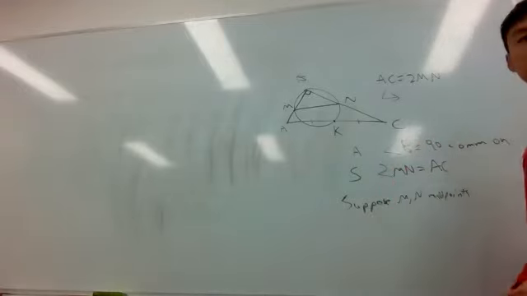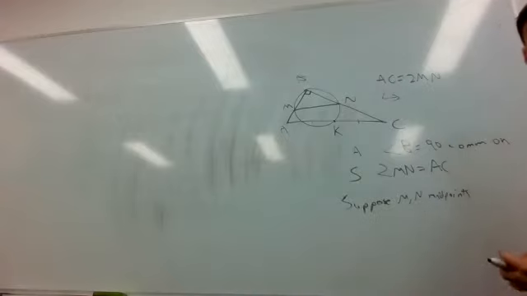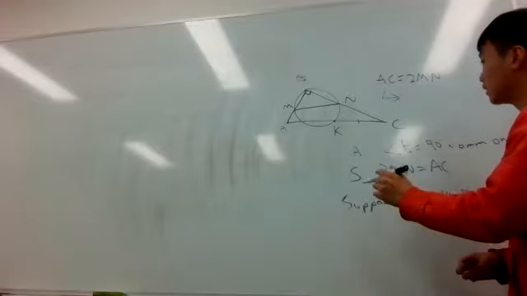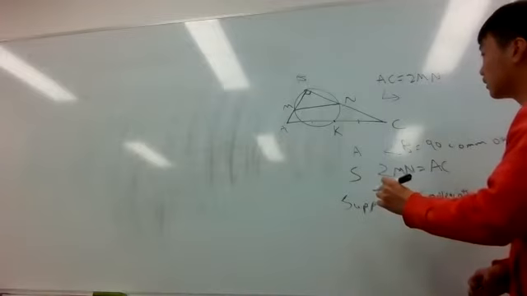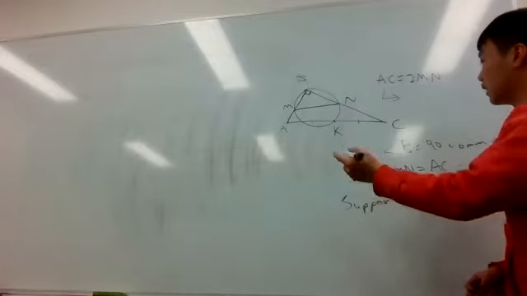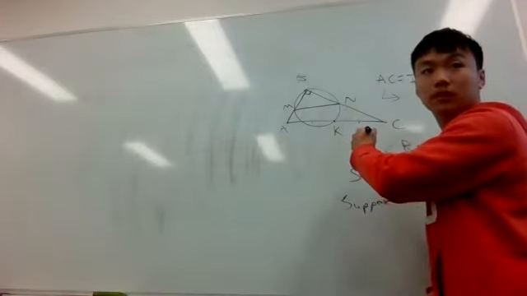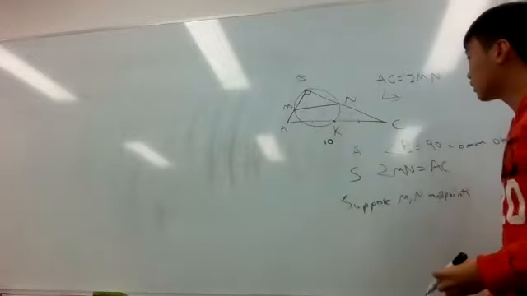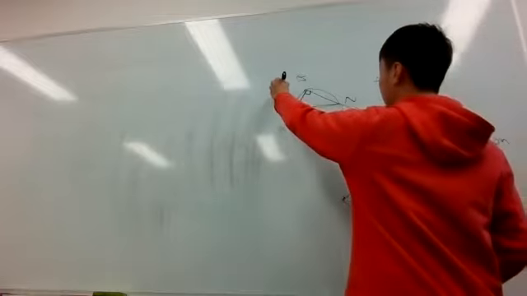And so I decided to give values to the lines as well. Sure. AB equals 6, BC equals 8, and AC equals 10.